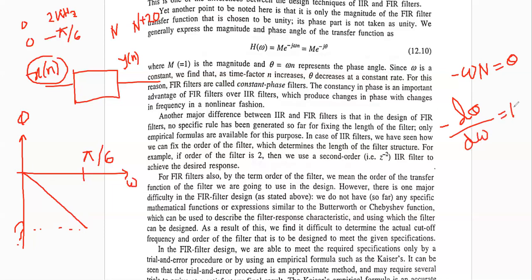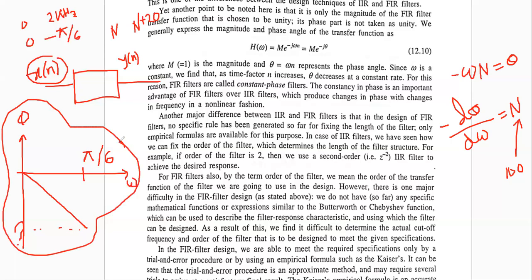That is nothing but capital N. So let's say N is equal to 100. So 100 sample delay for each and every frequency component. So this phase response is for the FIR filter.